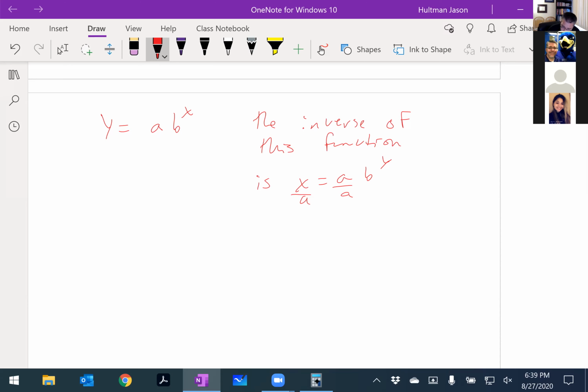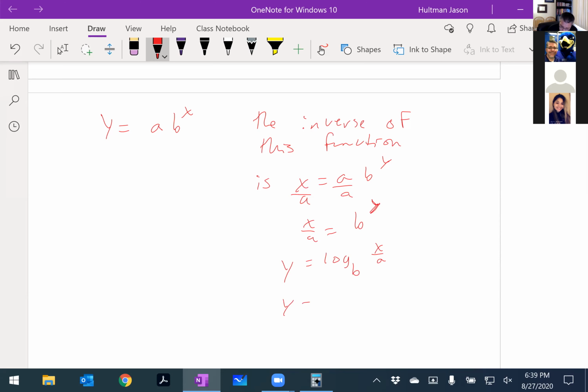I'm going to say x over a is equal to b to the y, and change this into y equals log base b of x over a. Log base b of x over a is the inverse function of the original function.